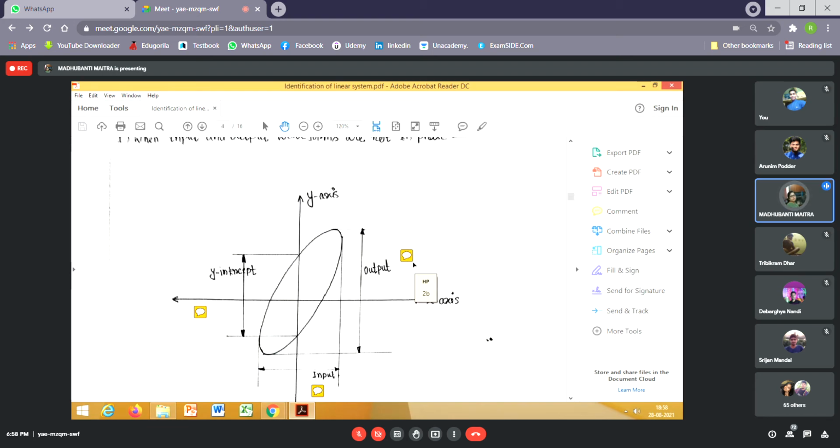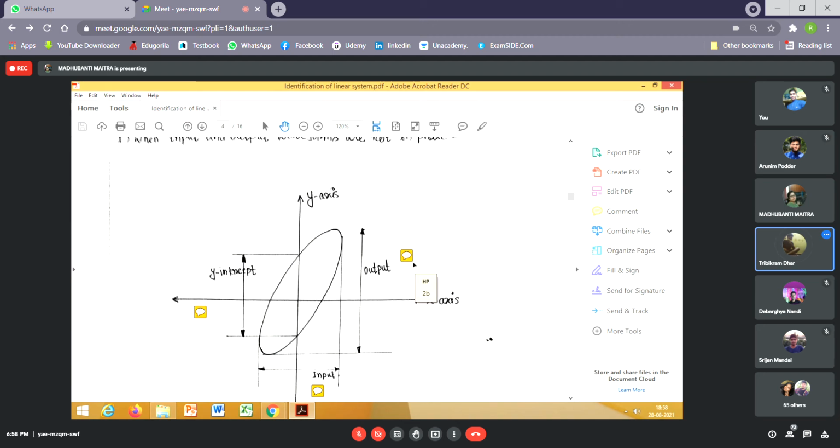So the relative phase shift at that particular frequency is given by phi equal to sine inverse 2C by 2B. So far, is this clear?